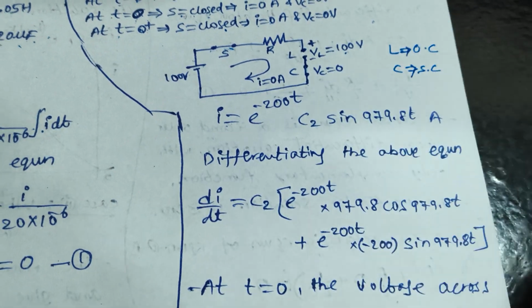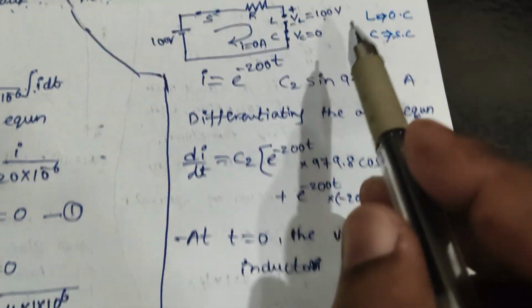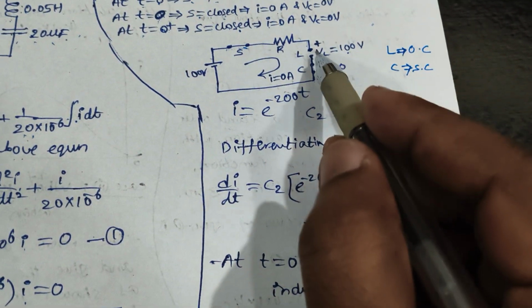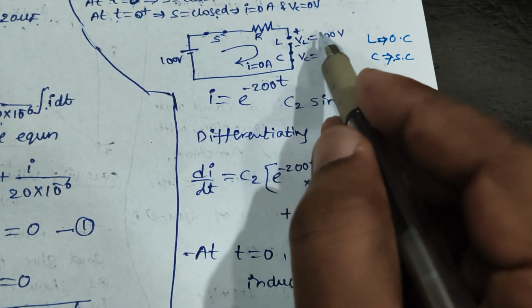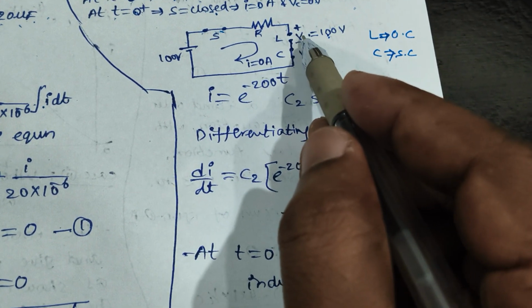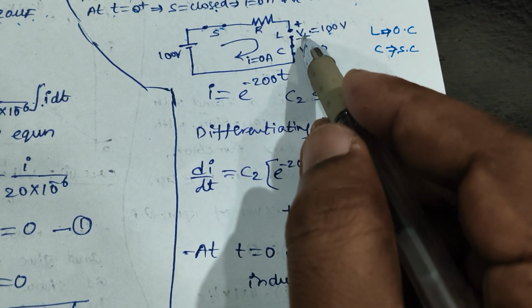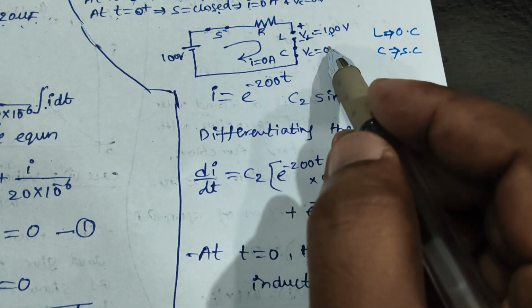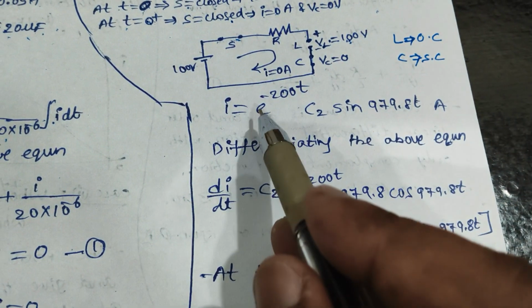So I'll use that VL is equal to L di by dt, which is equal to 100. I know the L value, so I can substitute di by dt is equal to 100 by L, and already I know the current equation.